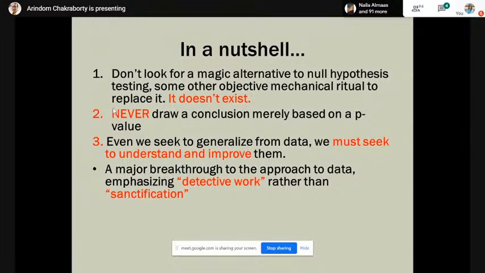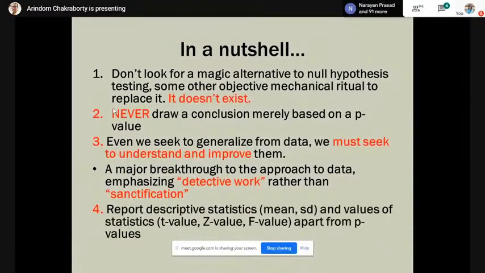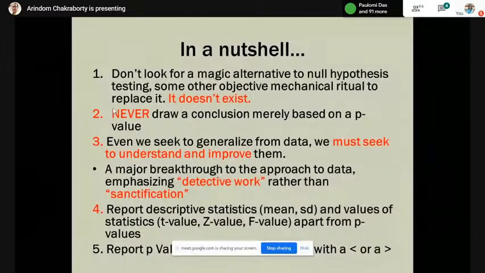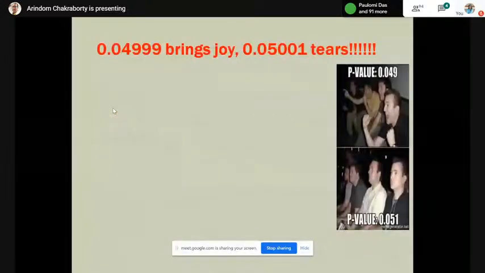We need to do more descriptive and exploratory data analysis, and report descriptive statistics and values of statistics apart from the p-value, such as the z-value or f-value, whatever you are getting. Report the p-value with an exact sign, not with less than or greater than. And this is very interesting. This is the main point whenever we are taking any sort of decision on the basis of the p-value. Suppose that we have two p-values, one is 0.04999 and another is 0.05001.